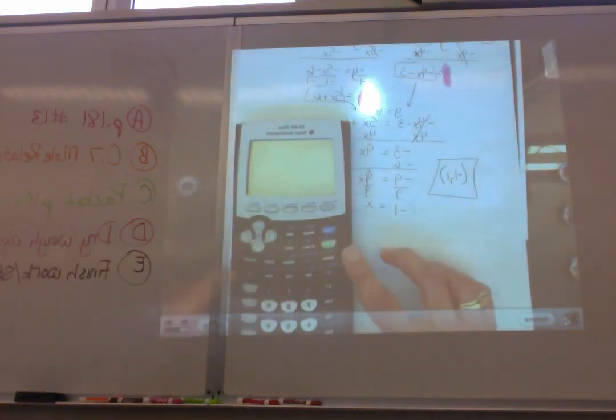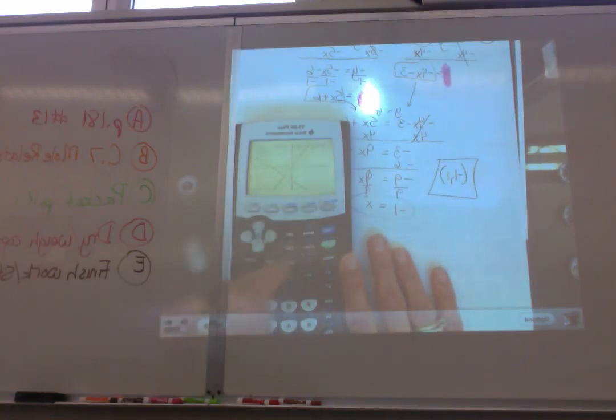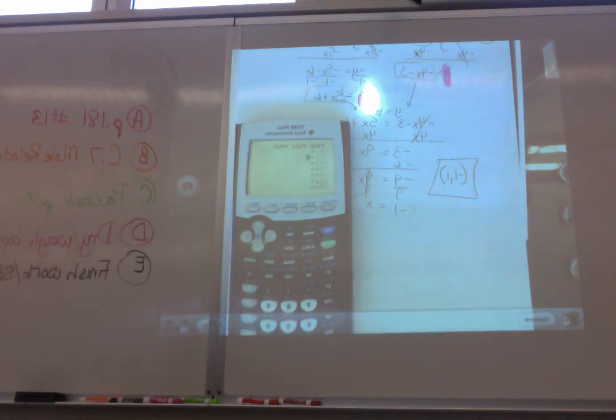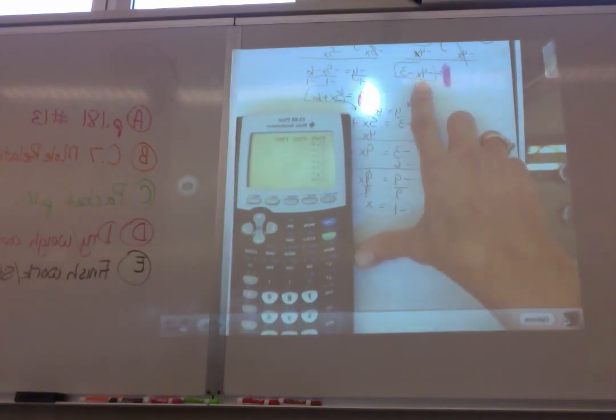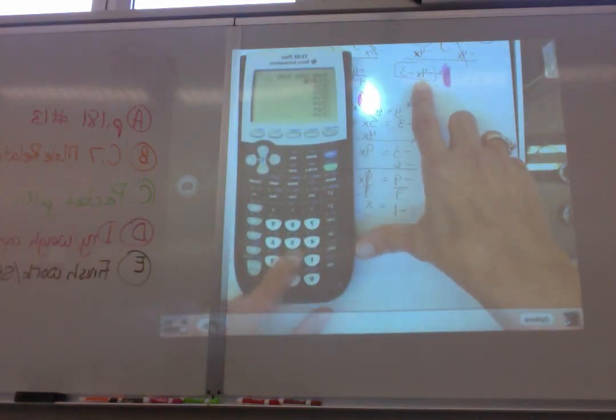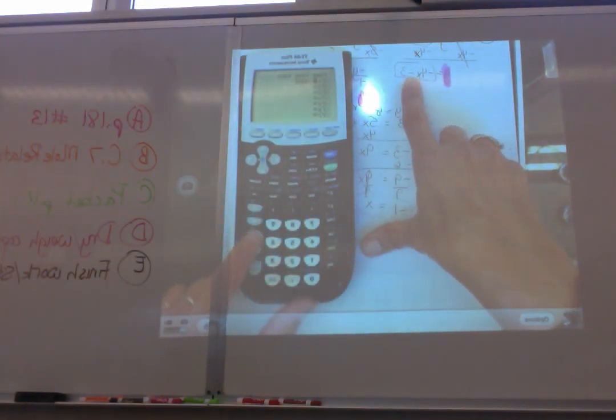Okay. Y equals, clear, clear. Christian, what am I going to type in first? Good, negative 4x, and the negative is down low by the enter. So right here is a negative. Negative 4x, subtract 3.